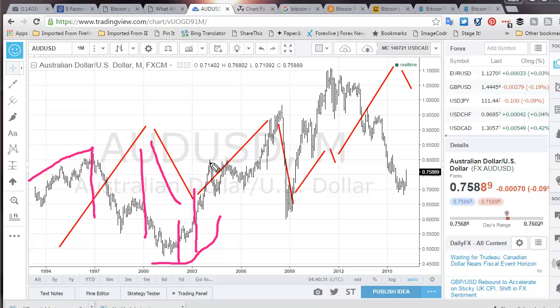And as we go up here, we'll see that the S&P 500 peaked somewhere before the Aussie dollar peaked, so the Aussie dollar actually lagged here. The Aussie dollar turned a little bit earlier than the bottom of the GFC. And this one here, the Aussie dollar turned earlier than the US.